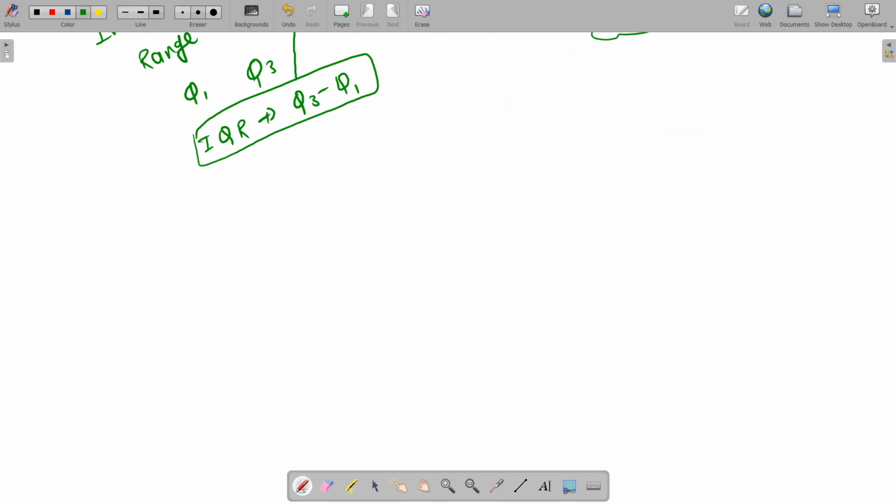First let me explain the word interquartile. IQR means interquartile range.